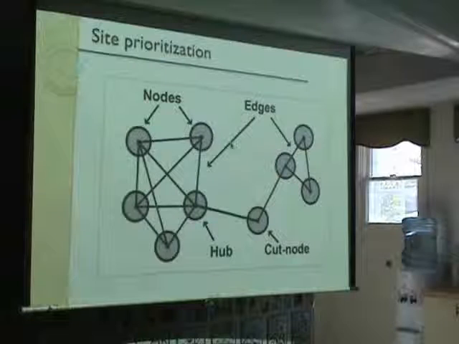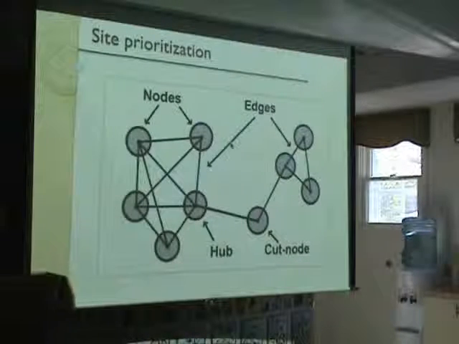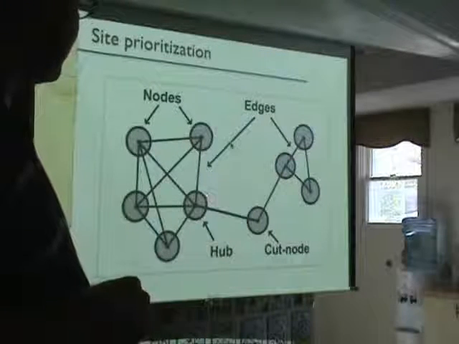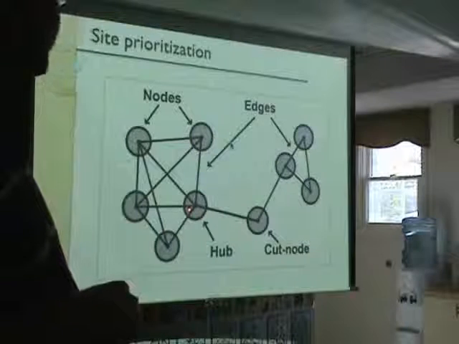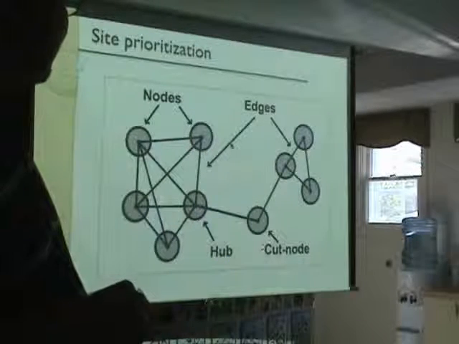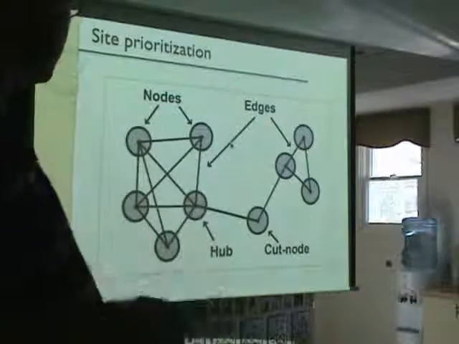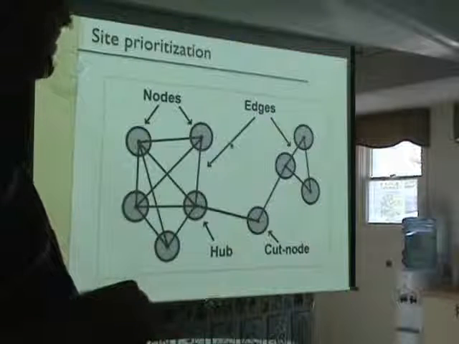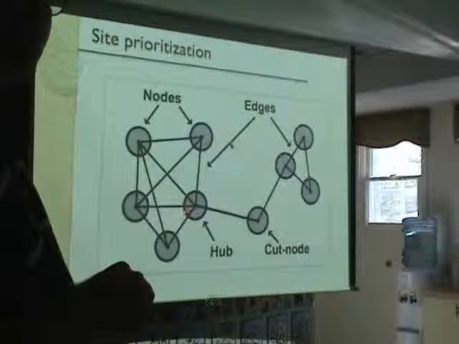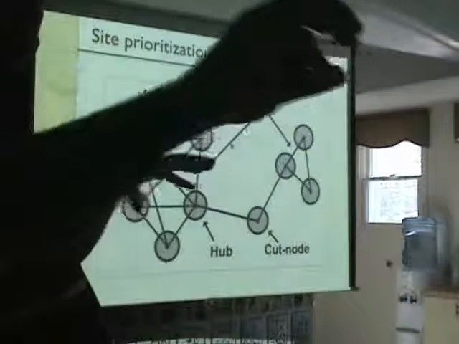So there are two ways that I prioritize these reintroduction sites. I identify the hubs in the landscape, that is, the habitat patches connected to the most other habitat patches, and then I identify cut nodes, which essentially hold the network together. If we lose that cut node and there's a dispersal limitation for these butterflies, they will not be able to reach there anymore, and the population will be split into two.